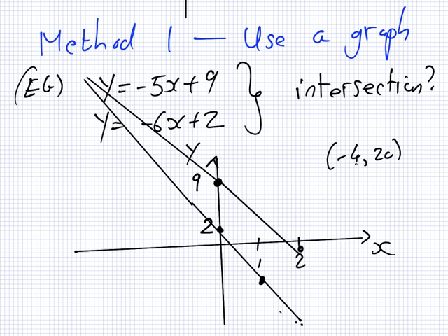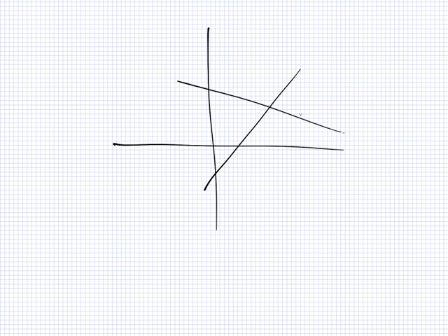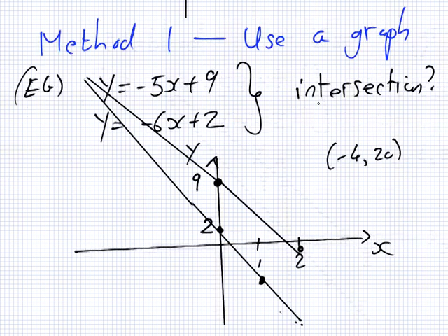The real method would be the next one, method 2. But they sometimes ask you to draw these in the exam and to estimate the answer. If they do make you use this method in the exam, the answer will always be a small number, something like 2 and 3, something easy to do. Right, method 2 now.